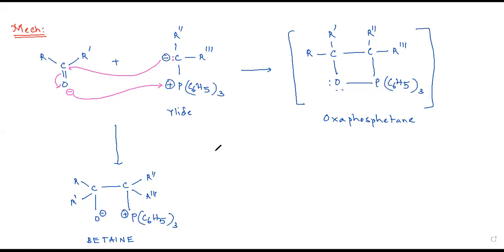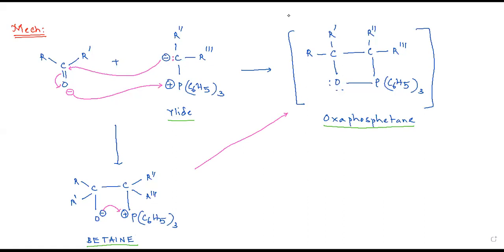See the names: ylide, betaine, then the oxaphosphetane. See, actually now from this, when you show this attack, then it will be this. You get this one. So ylide, then betaine, then oxaphosphetane. Or else if you show the two bonds at a time, straight away oxaphosphetane can be given.